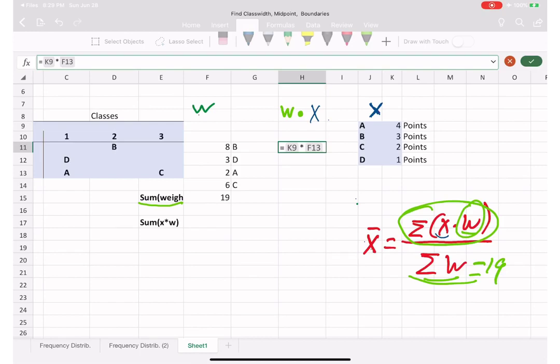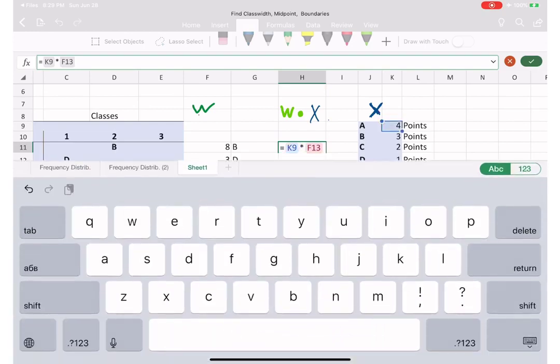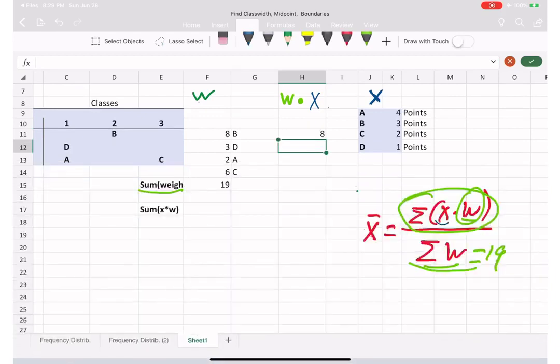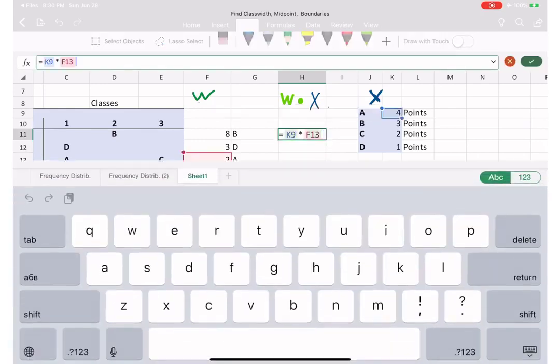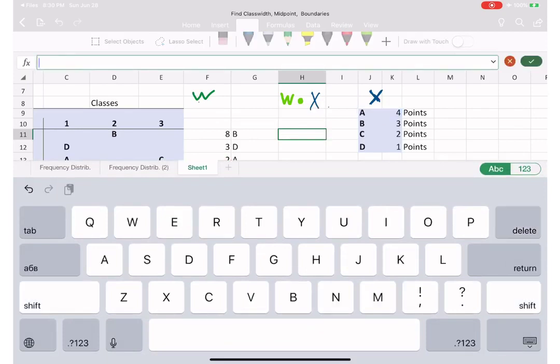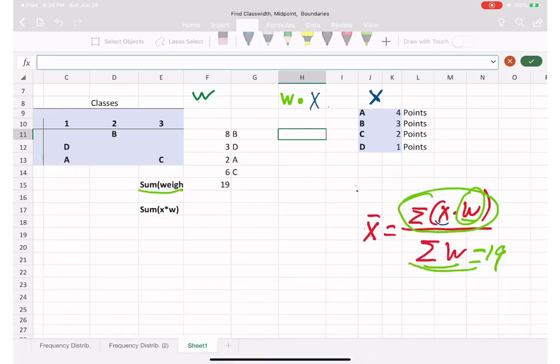Okay. 4 times 2 is 8. Okay. Now we are going for B. Where is my B? Let me, you know what? Let me put everything next to the appropriate grade.